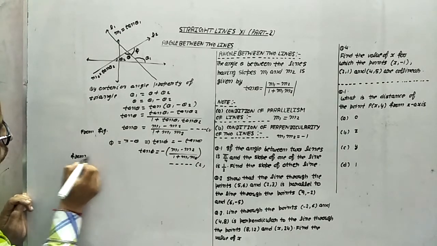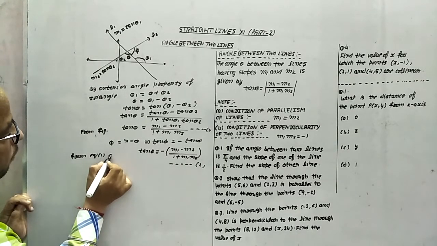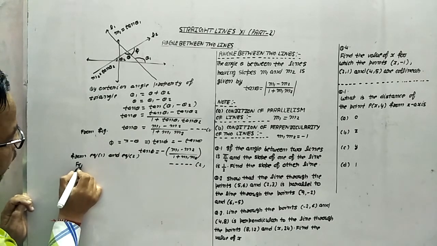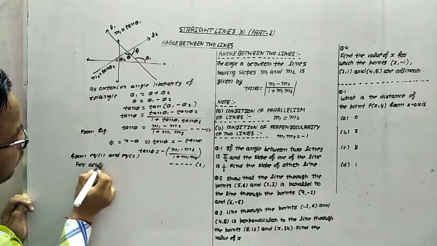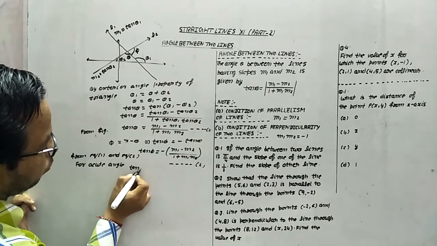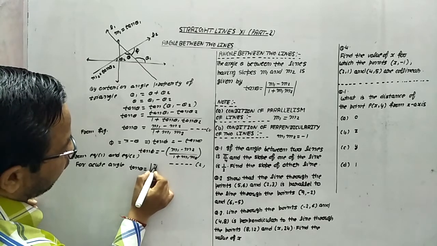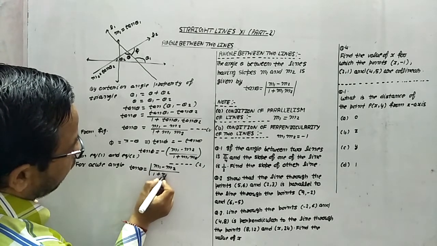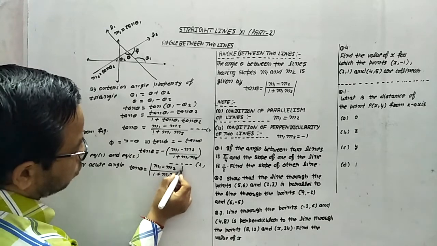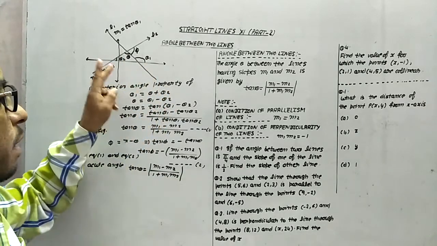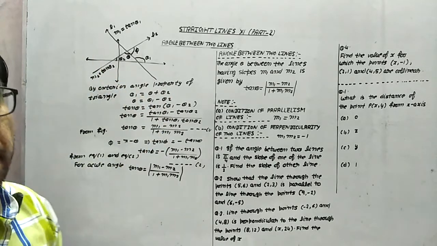So from equation 1 and equation 2, for the acute angle, we will always give the relation as tan theta is equal to modulus of (m1 minus m2) upon (1 plus m1 m2). So this is the relation whenever two lines are intersecting and the angle between them.